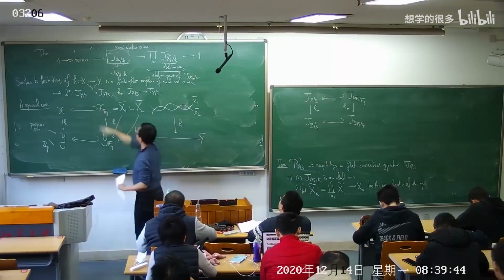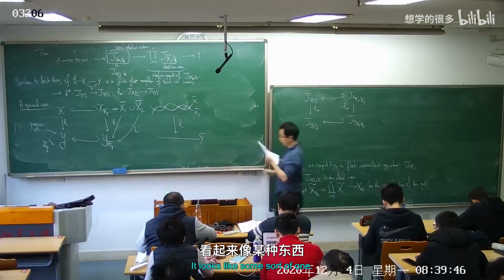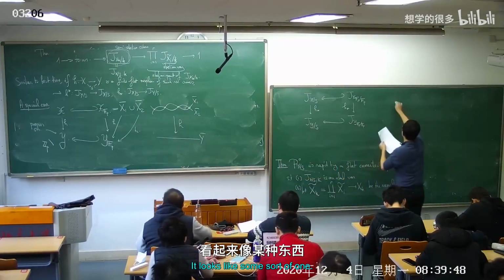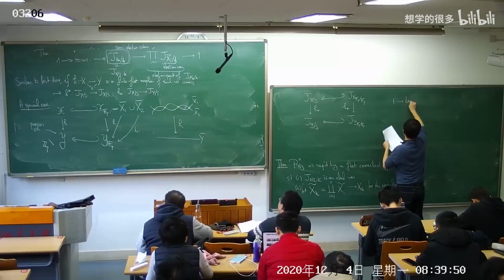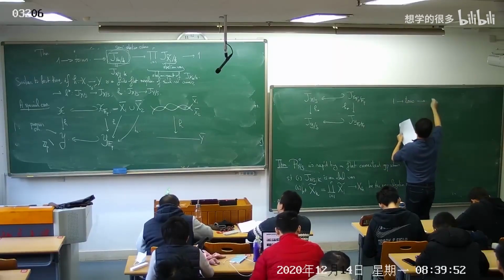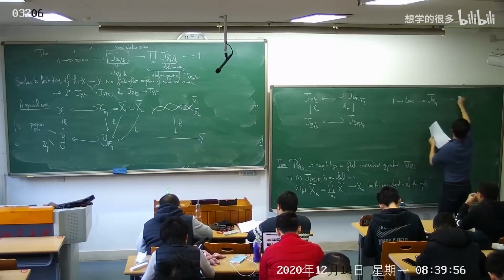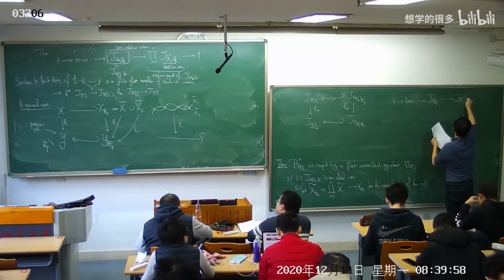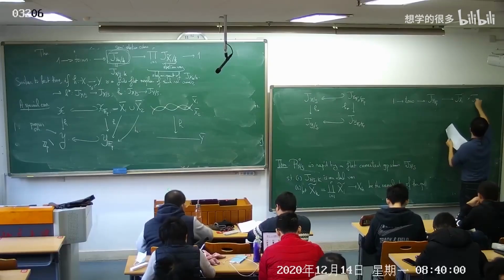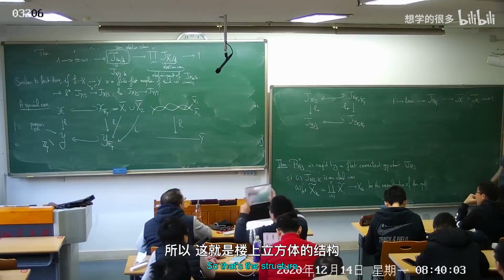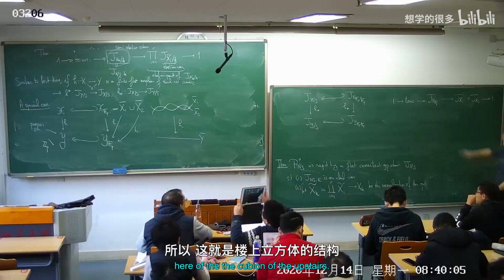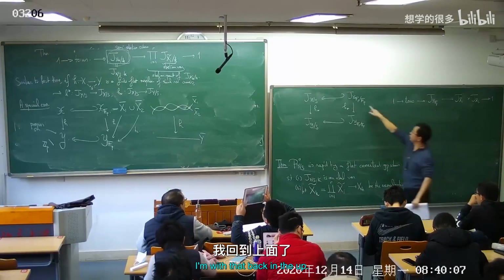It looks like some sort of extension: one goes first to S_1 bar times S_2 bar. Right, so that's the structure theory of the Jacobian of the upstairs term.